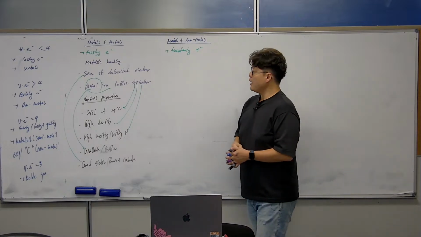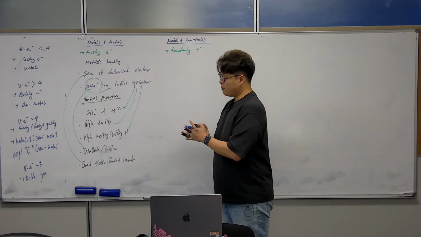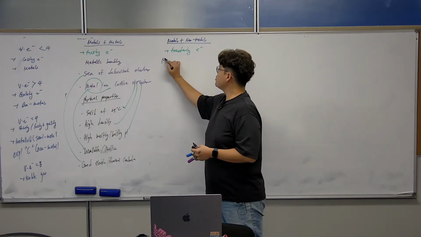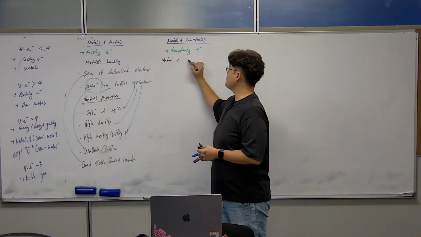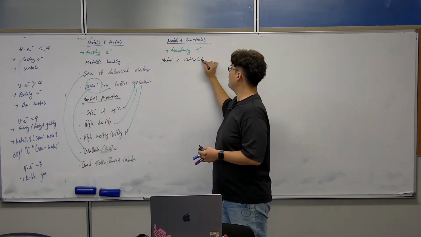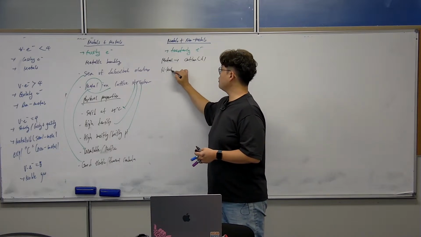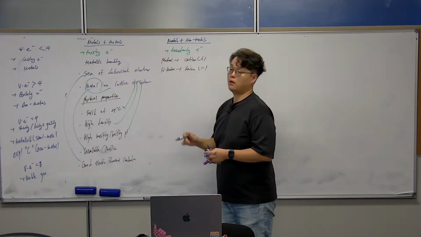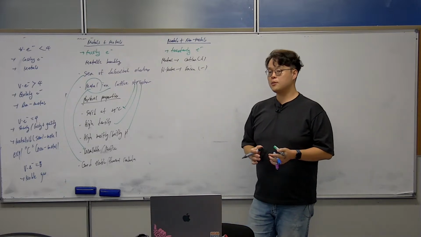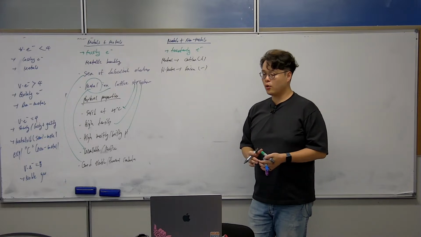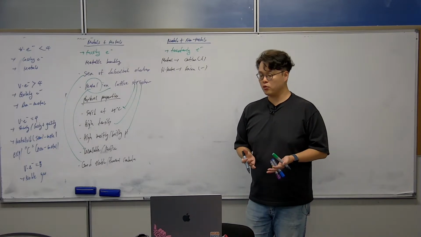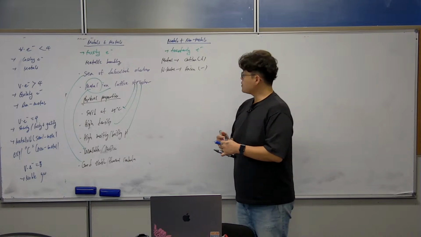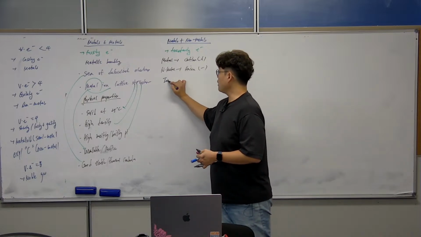As a result, the metal becomes the positively charged cation and the non-metal becomes the negatively charged anion. Because we have positive and negative, and opposites attract, these two will join to form something known as ionic bonding.